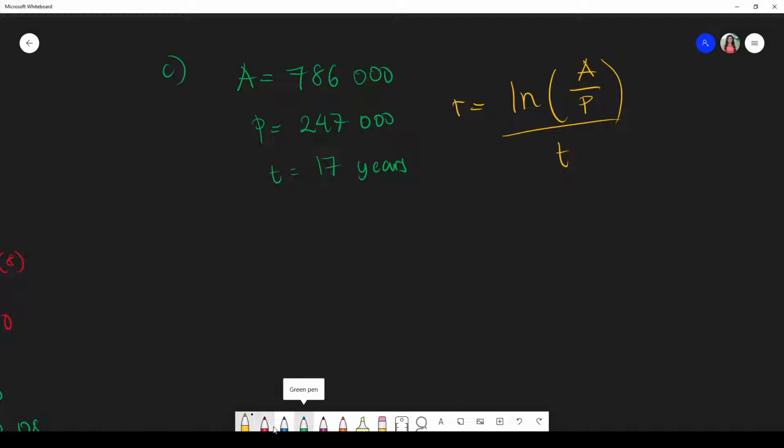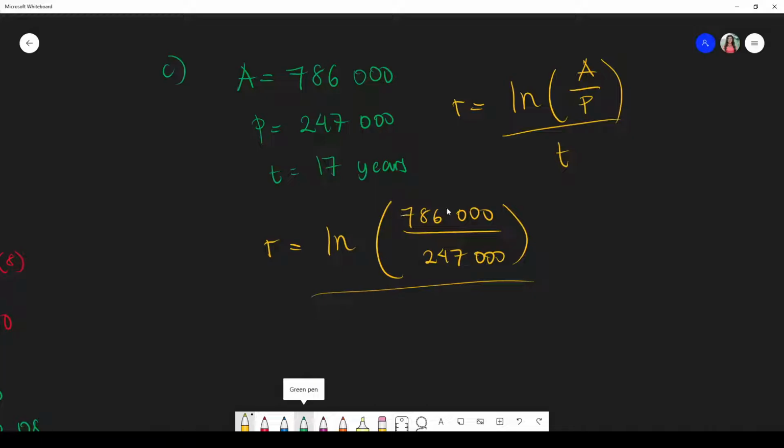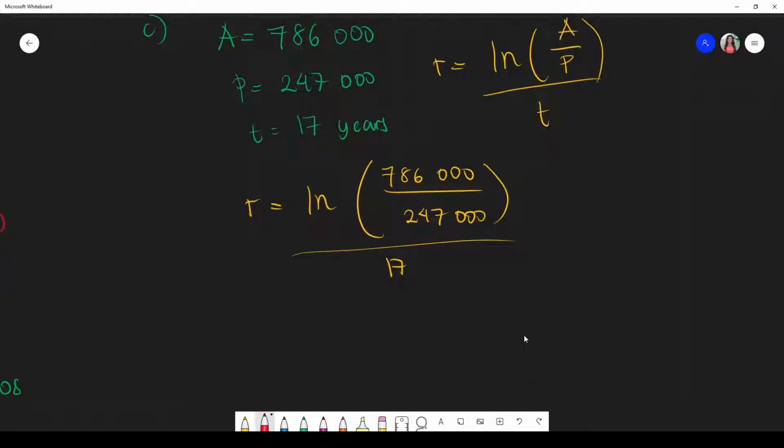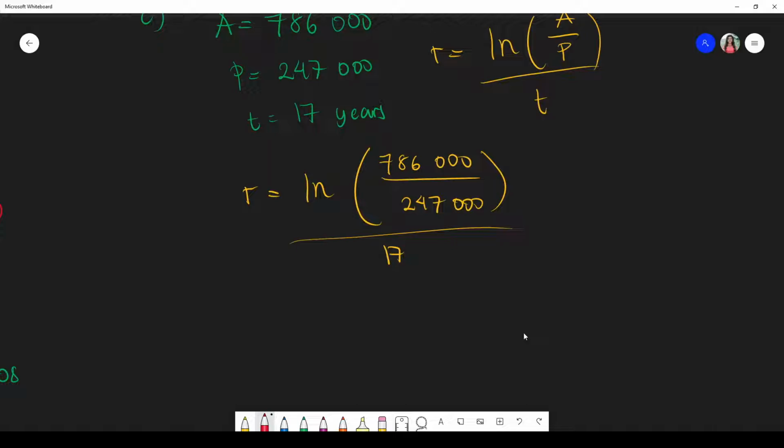Given the known variables, what we just have to do is to plug in our known values. So that gives us R is equal to the natural logarithm of 786,000 divided by 247,000 all over the given time, which is 17 years. So plugging in this equation in our calculators, one thing we have here is trailing zeros, so you could just simply plug in 786 all over 247 to minimize the process in inputting this equation.